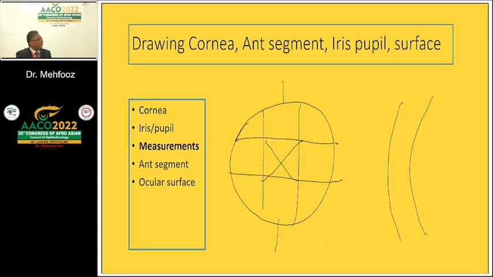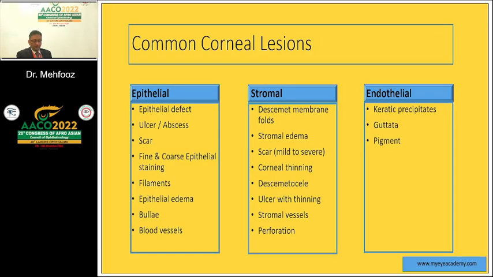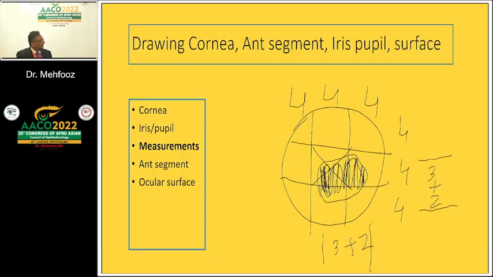The cornea is 11.5, but you imagine it is 12, and you draw 2 lines like this and 2 lines like this, imaginary lines. So you have got a 4 into 4 millimeter rectangular. So if you draw a lesion like this one, like this lesion, this is covering 3 parts of this rectangular and 2 parts of this rectangular.